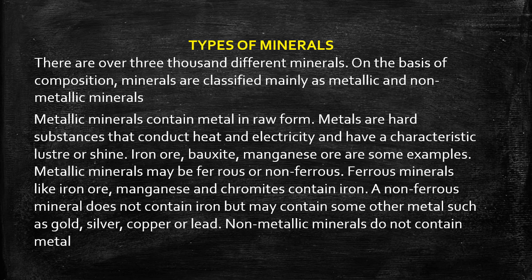Means the ferrous minerals have iron, manganese and chromite contain iron, but the non-ferrous minerals do not contain iron. So there is a difference. One contains iron and one does not have iron, but they have other metals such as gold, silver, copper or lead. Non-metallic minerals do not contain metal. They do not contain any metal.